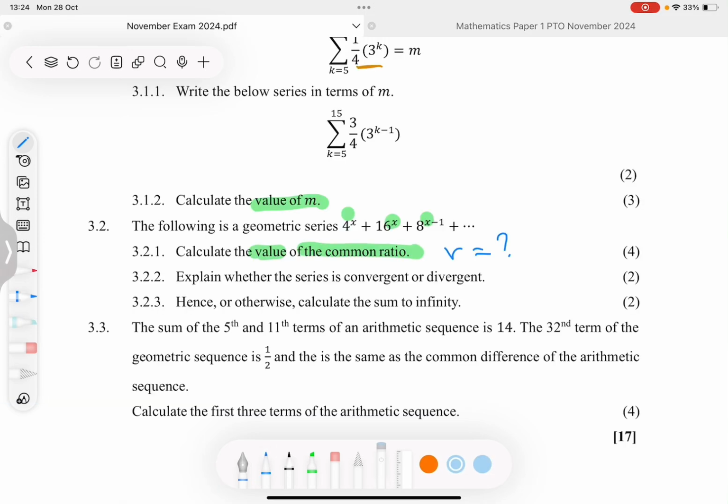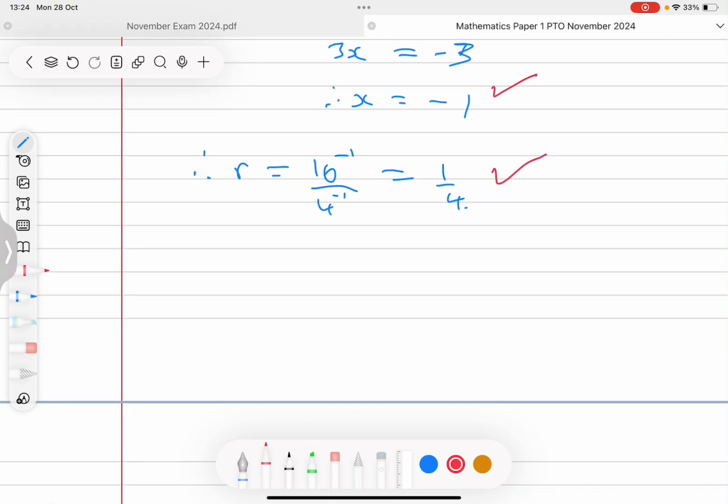Right, so we go to 3.2.2. They say explain whether this is a convergent or divergent series. Let me go back to my blue pen.